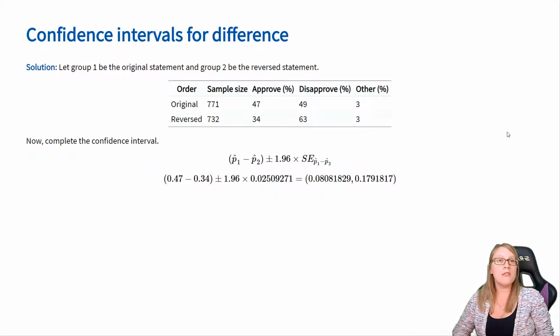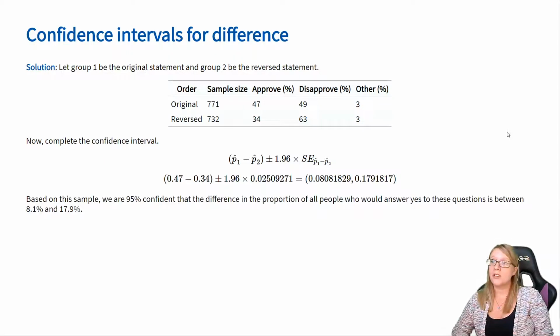Well, it's the difference in the proportion of people who would approve of the policy depending on the wording. So the difference in the proportion of all people who would answer yes to these questions, based on our sample, is between 8.1% and 17.9%. Here we did group 1 minus group 2, original minus reverse.